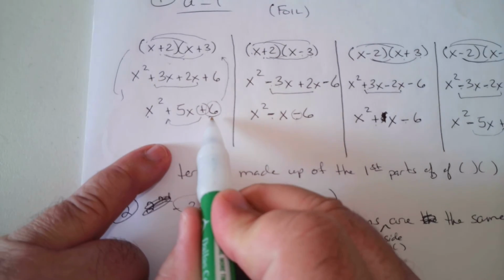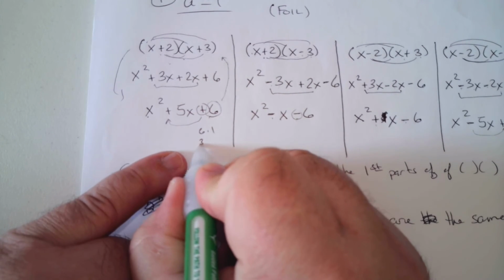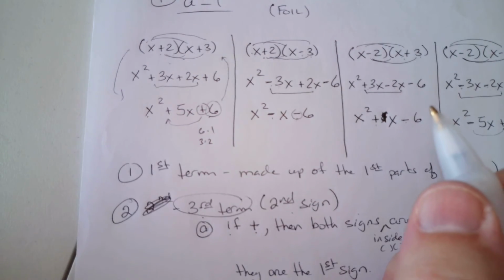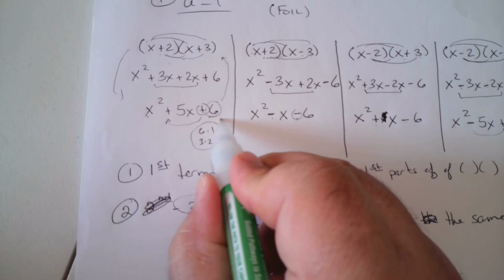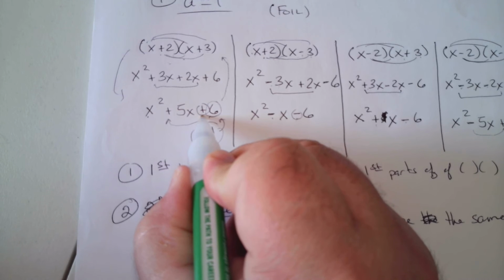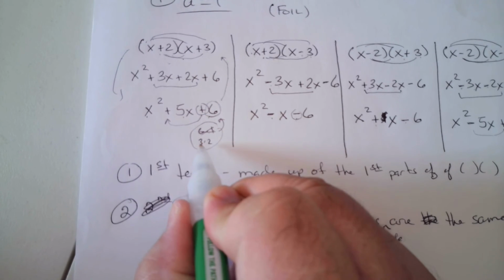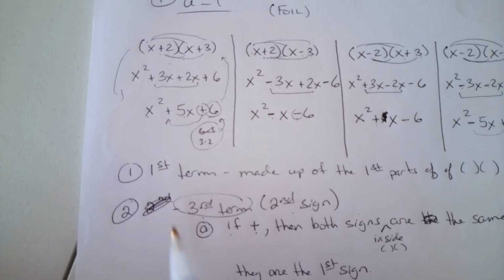So, what times what equals 6? We have 6 times 1 or 3 times 2. Those are the possibilities that equal 6. Since that's a plus, 6 plus 1, does it equal 5? No, so that's wrong. 3 plus 2 equals 5. Got it.